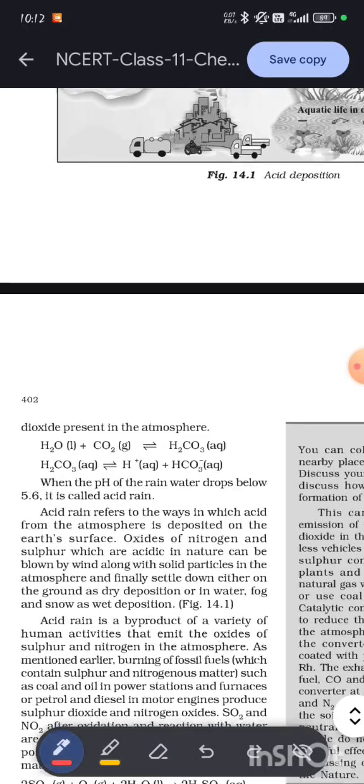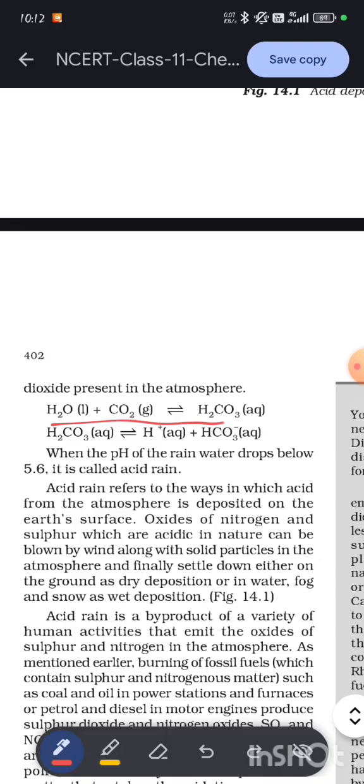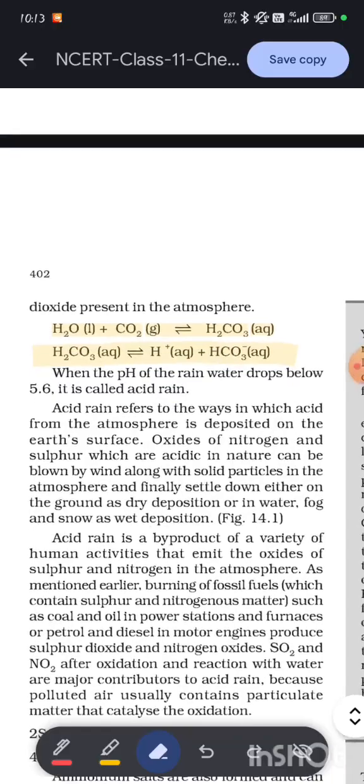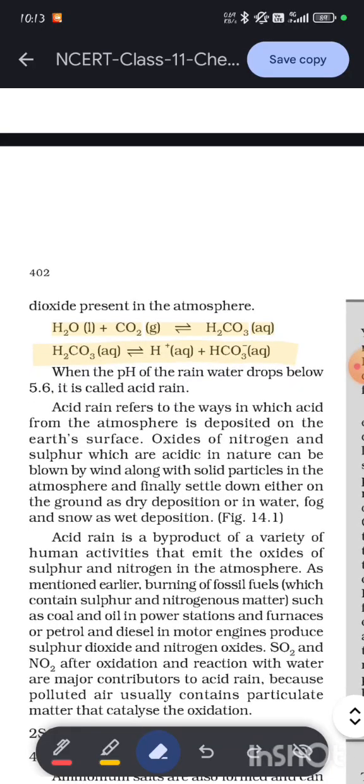Reaction is H2O plus CO2 gives H2CO3. Then second reaction is H2CO3 is in equilibrium with H plus and HCO3 negative. When the pH of the rainwater drops below 5.6, it is called acid rain.